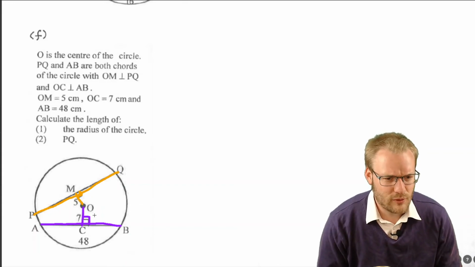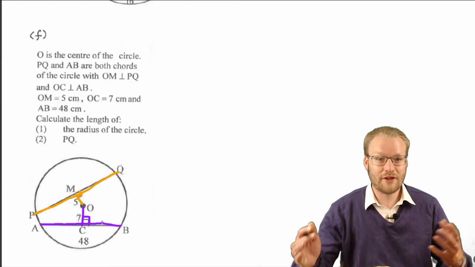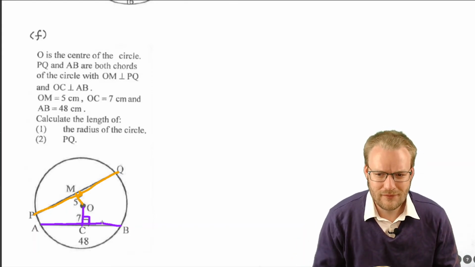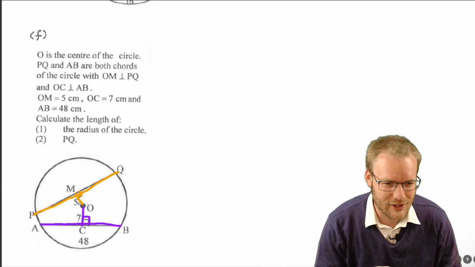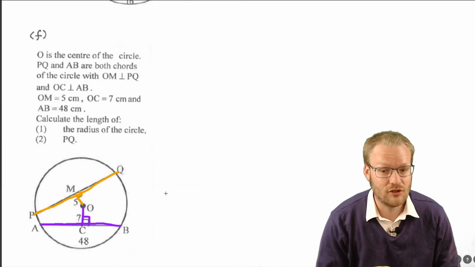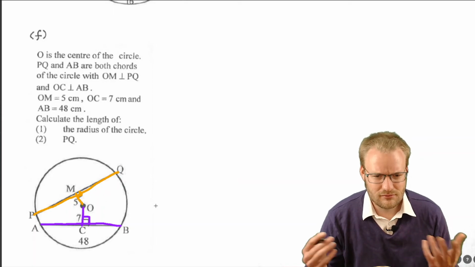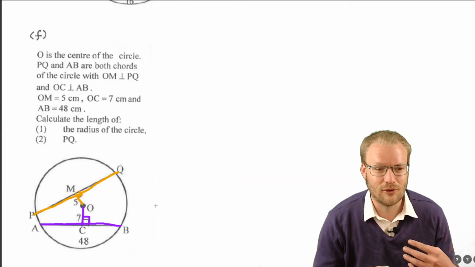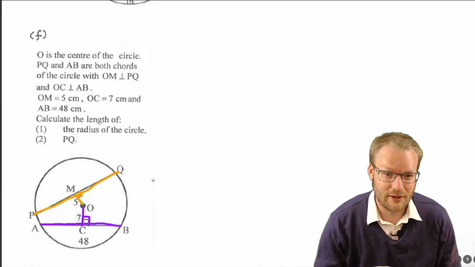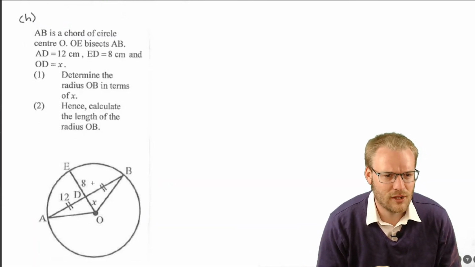What shape should we create so that we can use Pythagoras' theorem? I'm with you on building a triangle, so let's make a triangle. What's special about line OB? What's special about radii in a circle? They're all the same length, and that might come in handy.